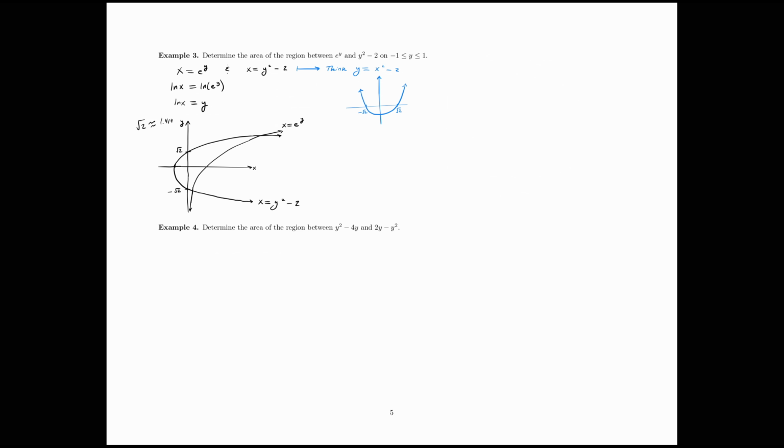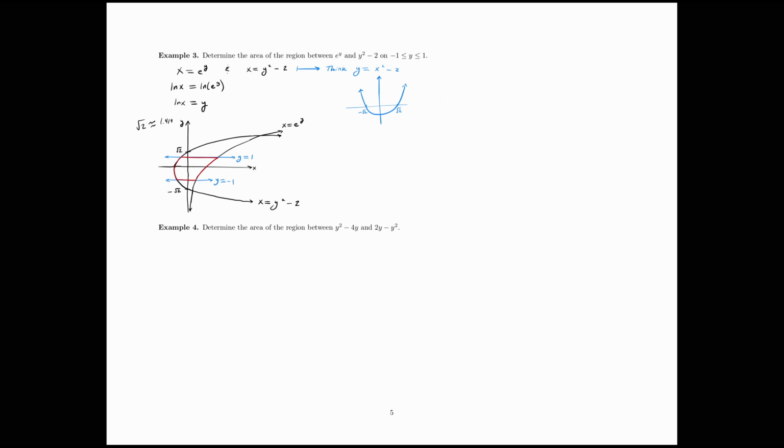Draw these in blue. So let's say there's y equals negative 1, and here, y equals positive 1. So our region looks something like this. I'll shade this in red. That is a strange one.